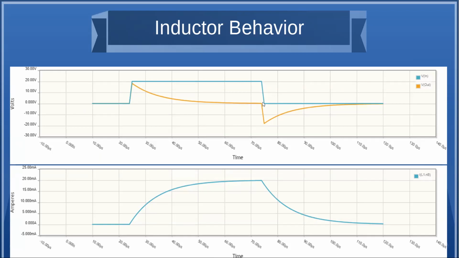When we take the voltage away, we get an instant polarity change because the magnetic field, where the energy is stored, is collapsing. So it's trying to prevent itself from collapsing, so it creates a current in the opposite direction. So we see that field in the opposite direction, current collapsing.